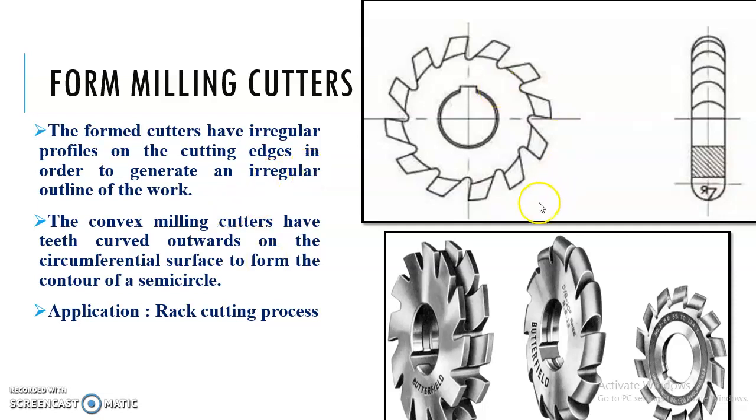If you see the cutter shape, here it is a double row shaped special form milling cutter, and here a single concave type of cutter shape is provided, where it cuts the material as per the requirement.